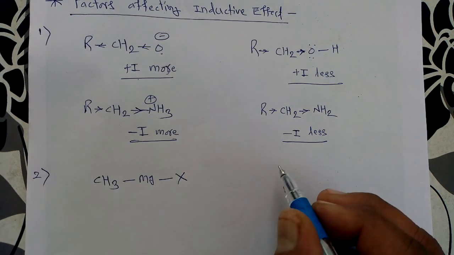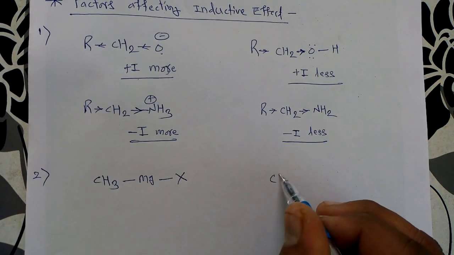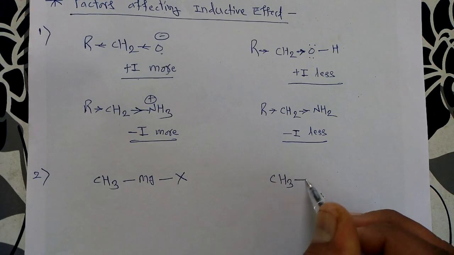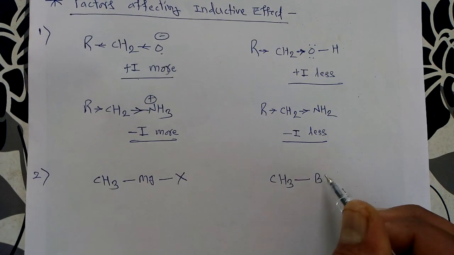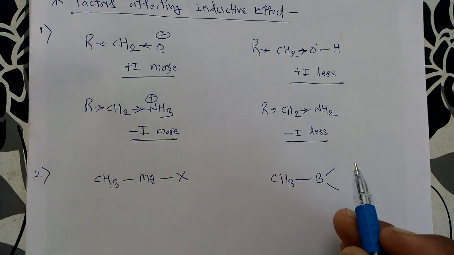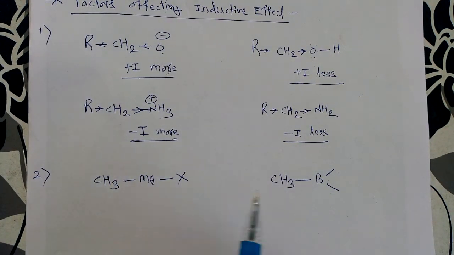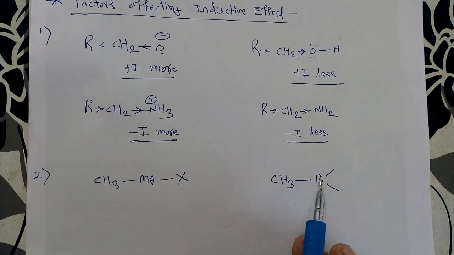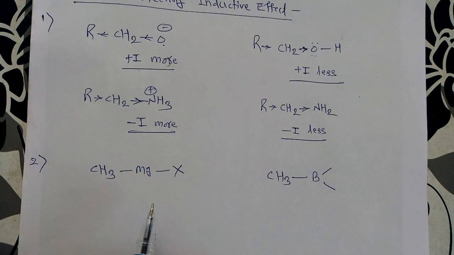Suppose as a second example I take CH3 single bond boron, which has two substituents here. Now these are the two compounds. For these compounds we have to compare their plus I inductive effect.